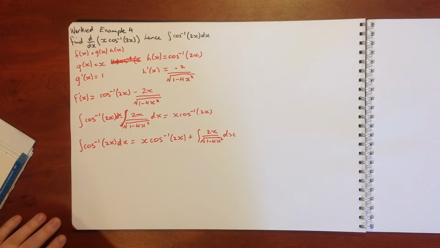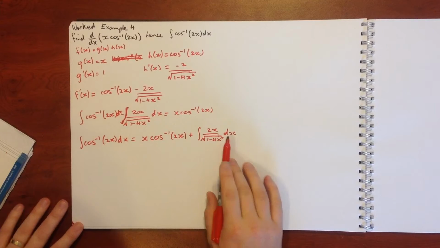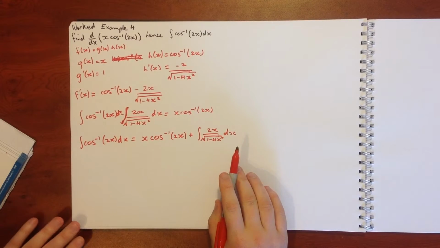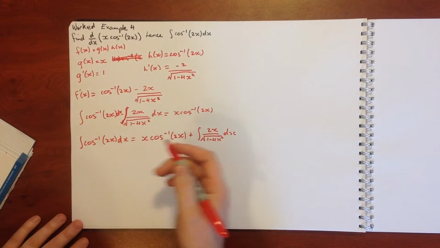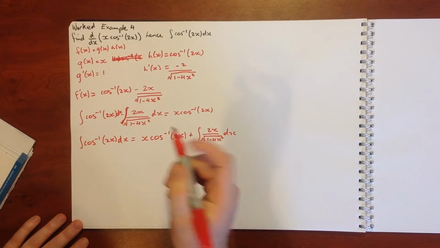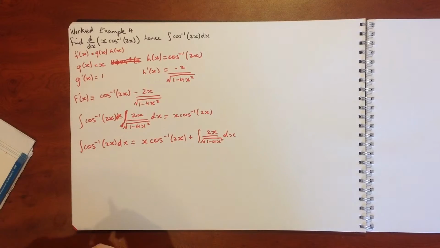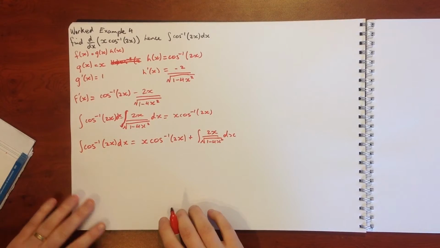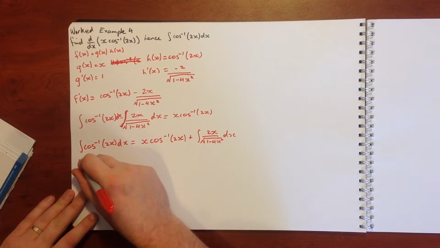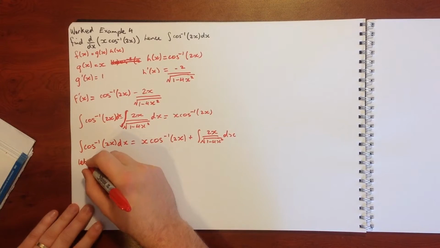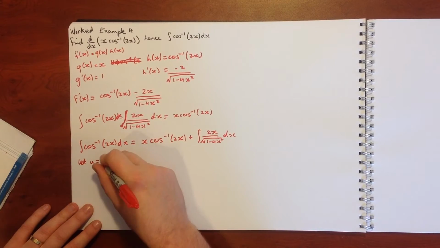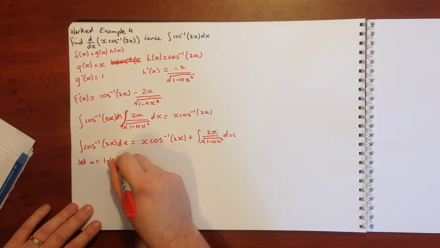Okay, so if we're just looking at this part now, it's a little bit tricky because we've got to do a substitution for this one. So what we're going to do is let u equal 1 minus 4x squared.